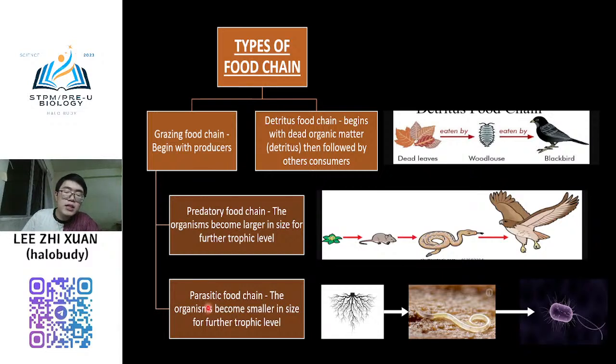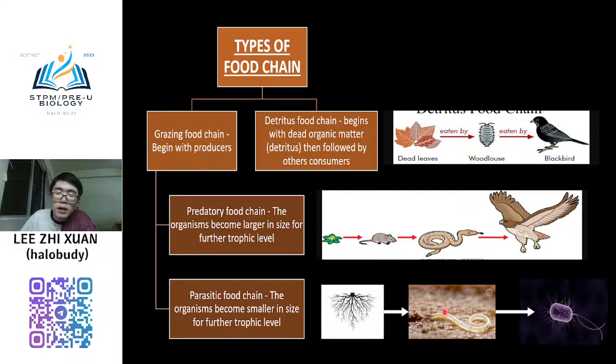And then another one is parasitic. Parasitic is the reverse, meaning that the organism at the higher trophic level becomes smaller. The final one is microorganisms, bacteria, fungi. We call these decomposers, because they can decompose the consumer.